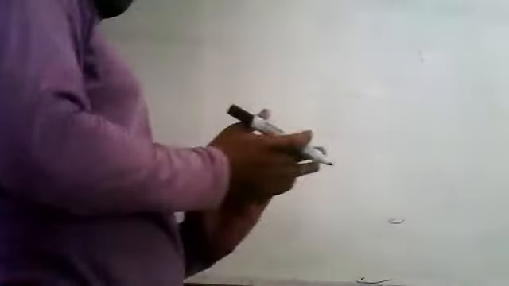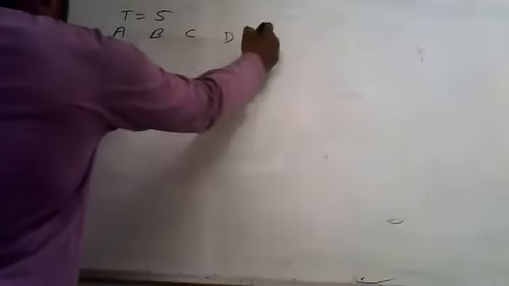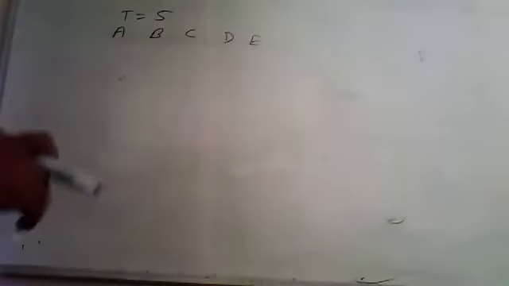Now let us see the randomization. Suppose we are having 5 treatments: A, B, C, D, and E. Then in this case, we have to use one reduced Latin square.